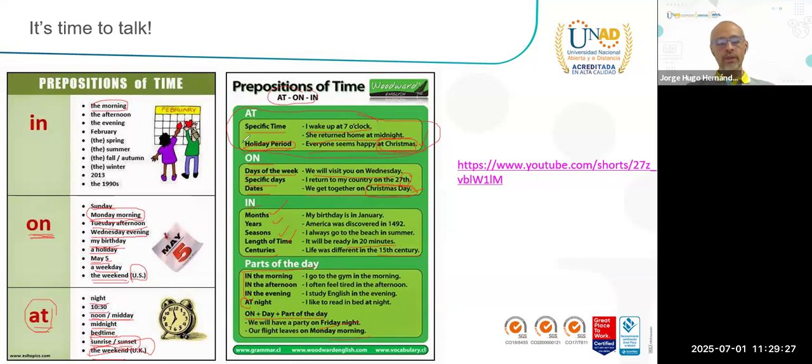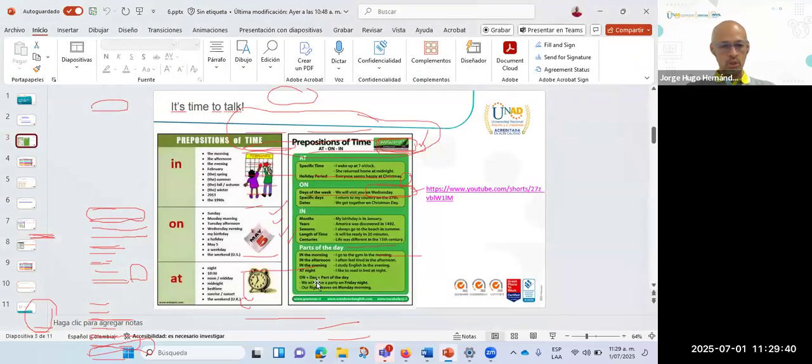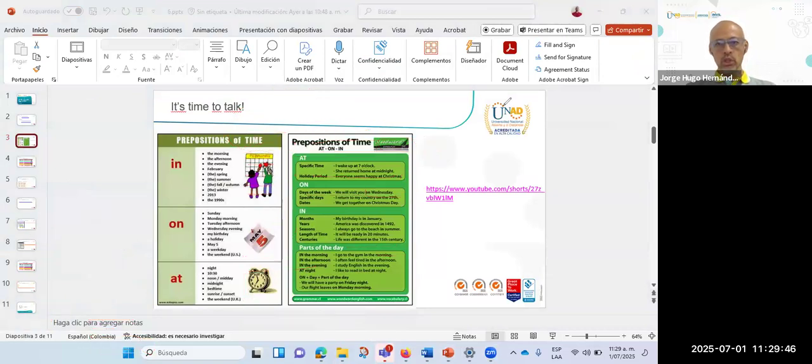That's the way how we improve the use of these prepositions of time, doing exercises, and that's what we are going to do. We are going to do exercises using these prepositions.